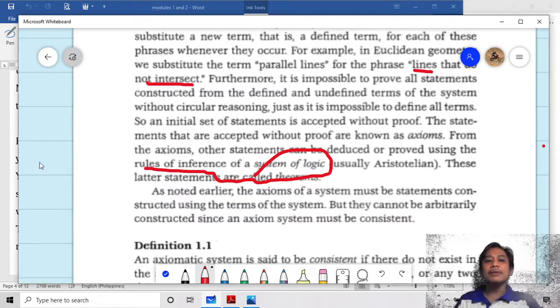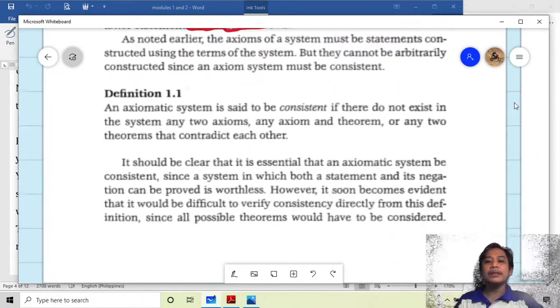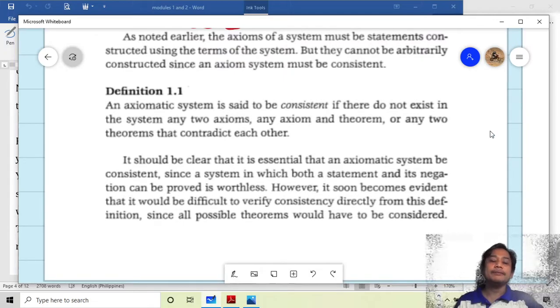This axiomatic system should possess several important properties. The first property is the property of consistency. So we define an axiomatic system to be consistent if there are no two axioms, an axiom and a theorem, or any two theorems that contradict each other.